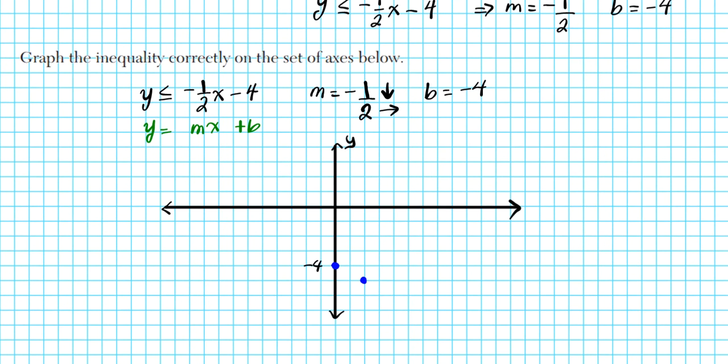So since we have less than or equal to, the line will be solid, and we'll shade the bottom. Okay, so the line will be solid, and the bottom will be shaded, or below. Okay.